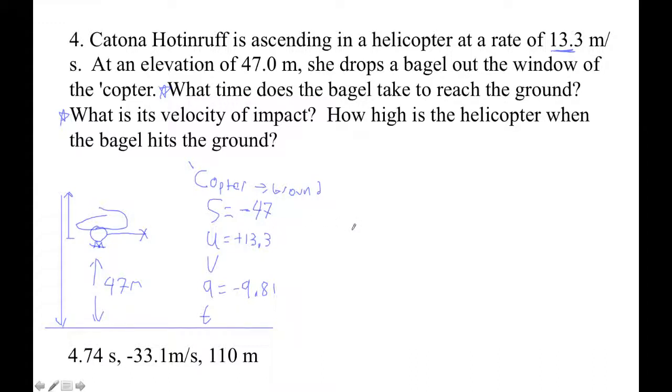Now we want to find the final velocity. Let's find that first, and then I'm going to find the time. So I'm going to use no t to find v.